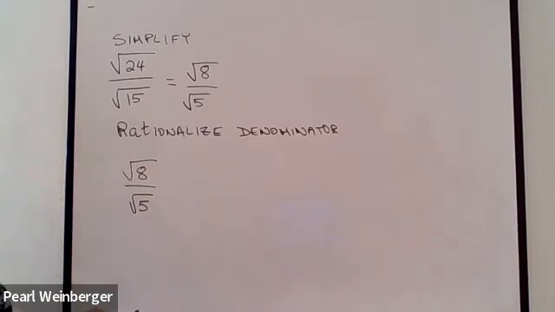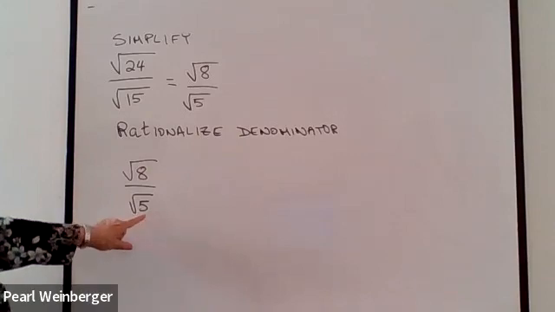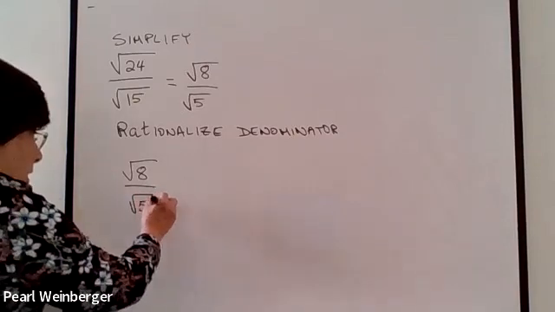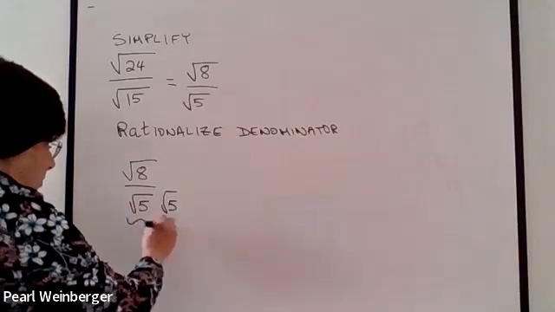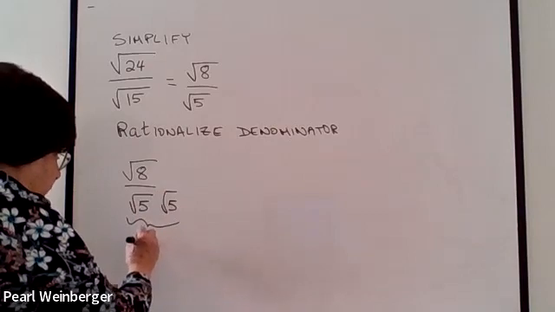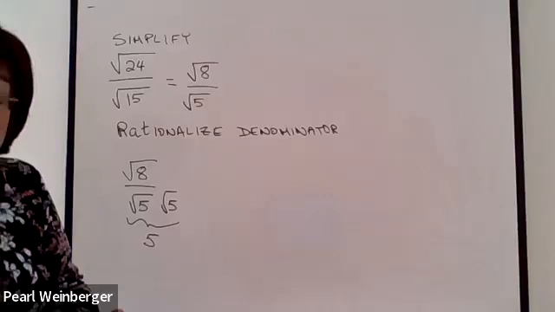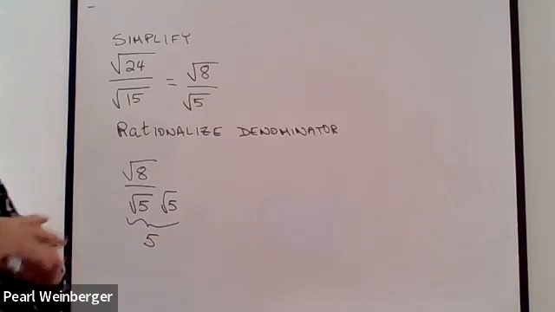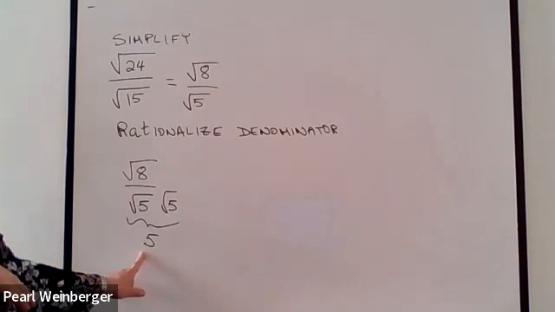So guess what I'm going to do here? I'm going to think, if I multiply the square root of 5 by the square root of 5, then I would just get the rational number 5, without any radical, because anytime you multiply a radical by itself, it just gives you the number inside the radical. And that would be a good thing, because then I wouldn't have the square root in the denominator.